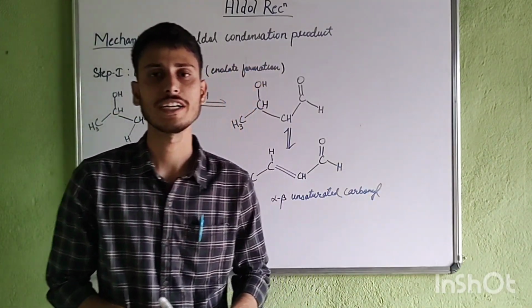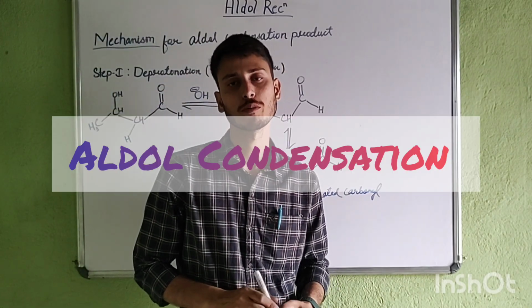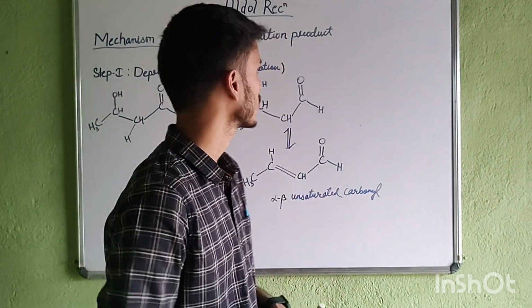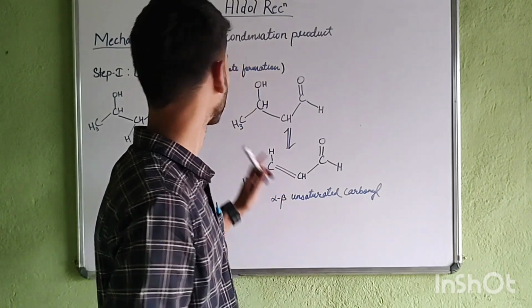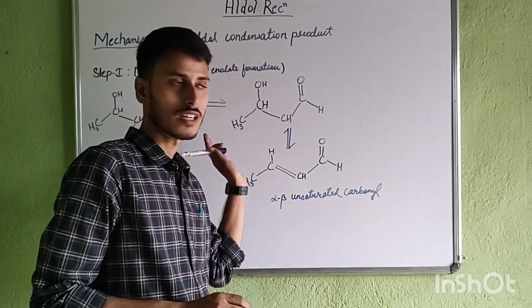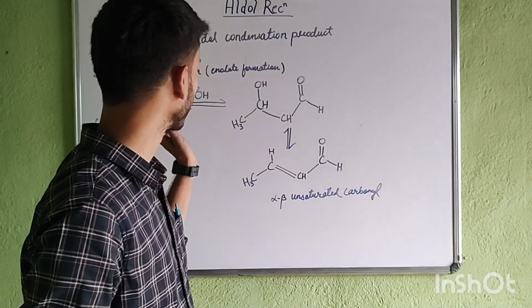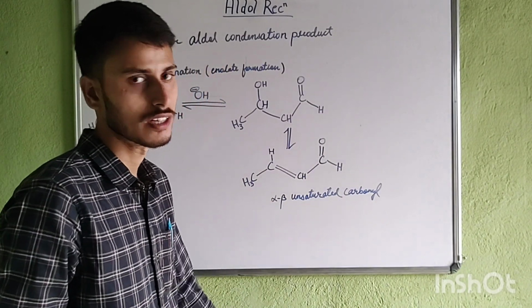Heating the aldol addition product in the presence of base leads to the removal of a water molecule. This gives us another, the condensation product. Removal of the water molecule gives a new CC bond. From that we get the final product as an alpha beta unsaturated carbonyl.